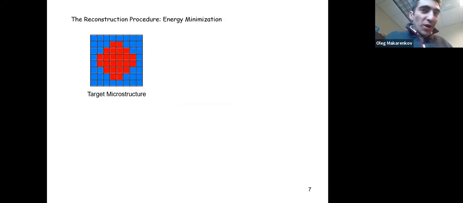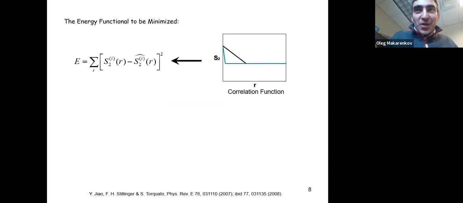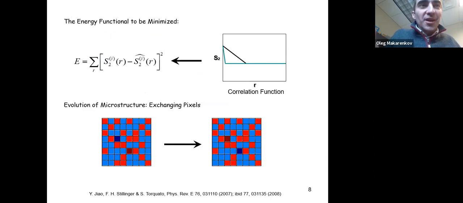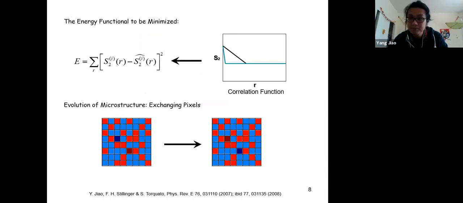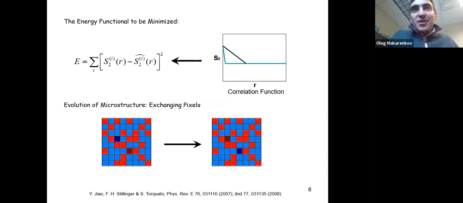Yes, and then my question is, assume that you minimized this capital E. Does it tell you anything about how close the topology of one system, or the topology of the material, is to the topology of another material?